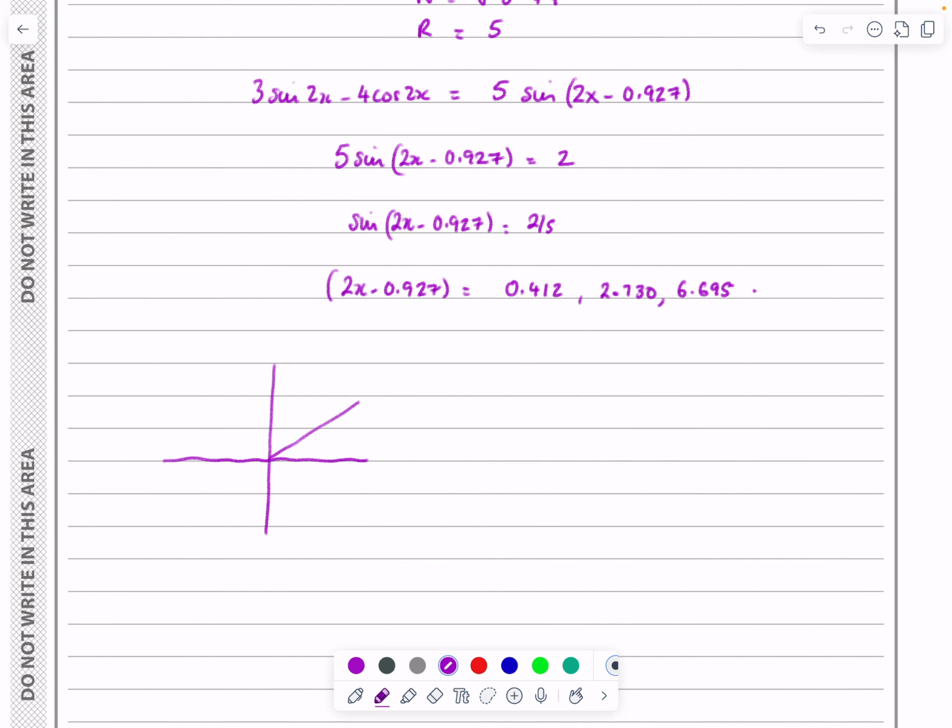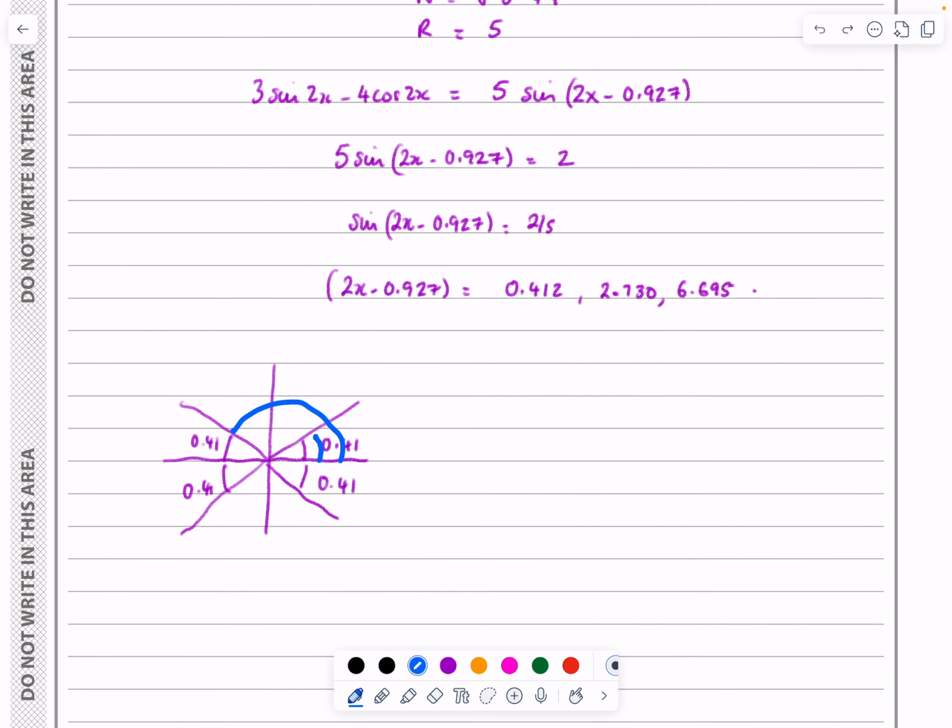So remember, if sine worked out to be equal to 2/5, this acute angle worked out to be 0.41. And where is sine positive? Here and here. So my answers are going to be 0.41, pi minus 0.41. Those are two of them.